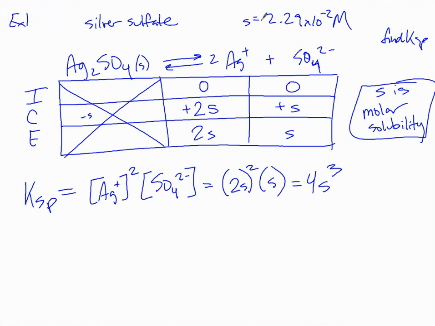And so I'm going to drop down a line. KSP equals 4S cubed, which is 4 times 2.29 times 10 to the negative second cubed.